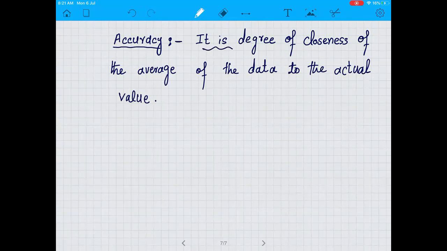So if you get data in which the average is close to the actual value, then it is an accurate experiment.